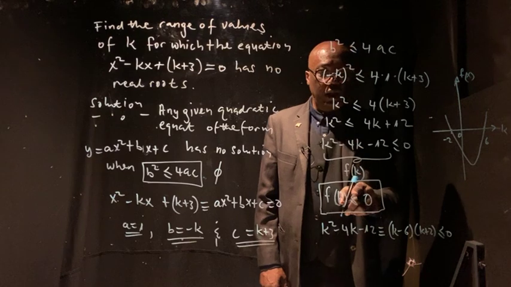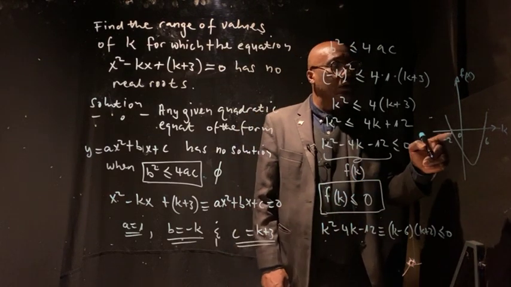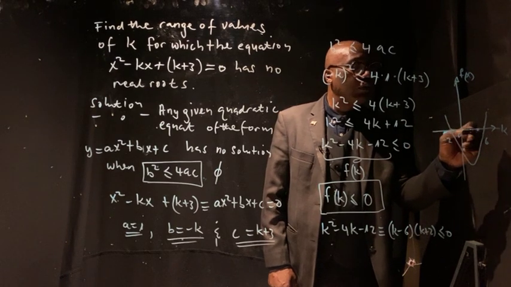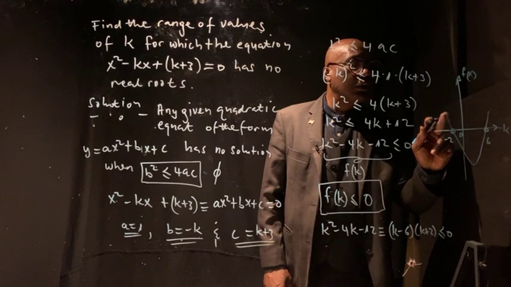But because f of k is less than 0, we'll only consider the lower portion of the curve. In this case, this one has to go.